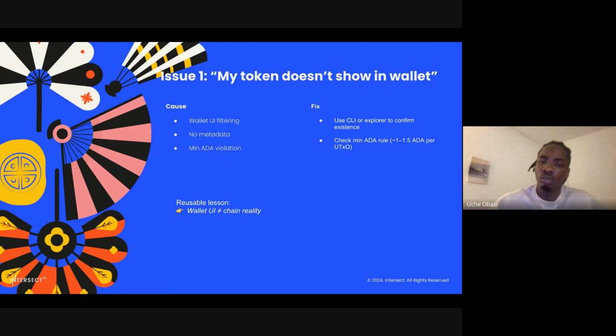Another common cause is no metadata. If there is no metadata, it's one of the things that can cause issues like this, or you violate the minimum ADA requirements.